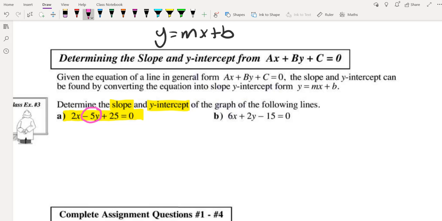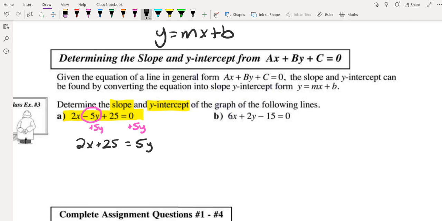Right here we have negative 5y. So we're going to move that to the other side, so we end up with our positive y term. So we end up with 2x plus 25 is equal to 5y. Right? So we want it to look like y is equal to mx plus b.